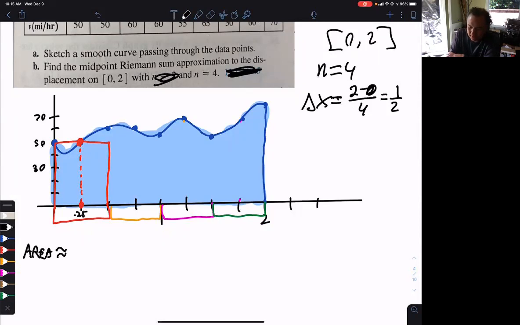How do I know that? Because I chose each dash to be 1/4. So that's 0.25. So how tall is this point here? That point is a function at 0.25. So the height of that rectangle is a function at 0.25, and the width we determined was a half. So we know that is 1/2.